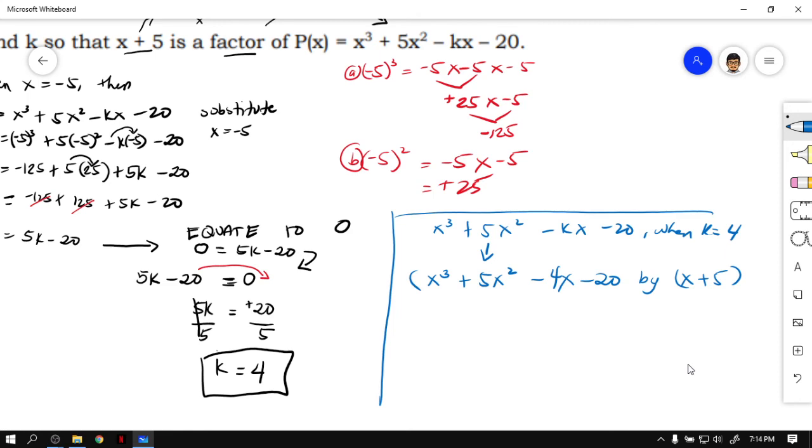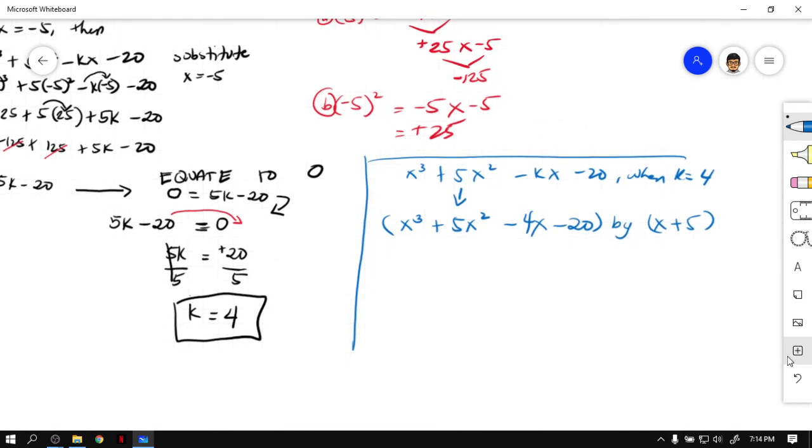Okay. Divide na natin using synthetic para mabilis. Coefficient from positive 5, negative 5, negative 5. Ang coefficient ng x cube, 1. Ito, 5, negative 4, at saka negative 20.